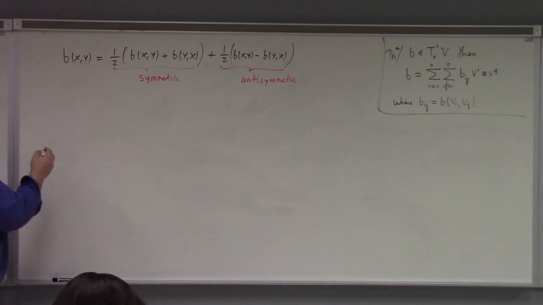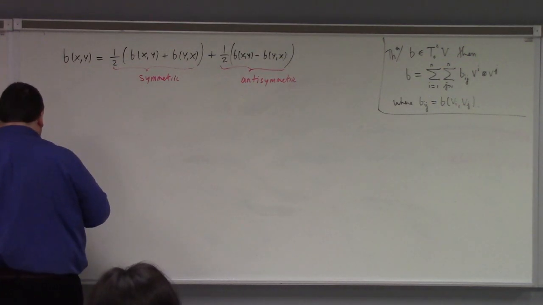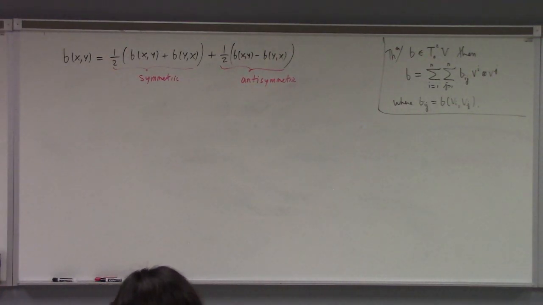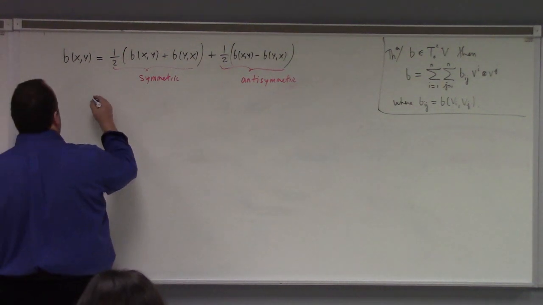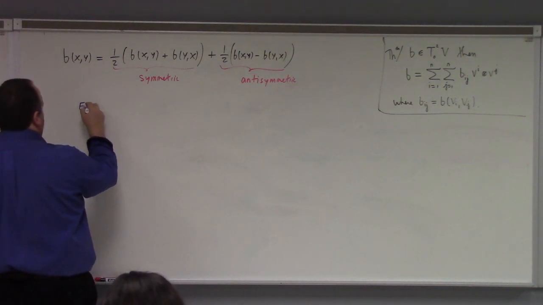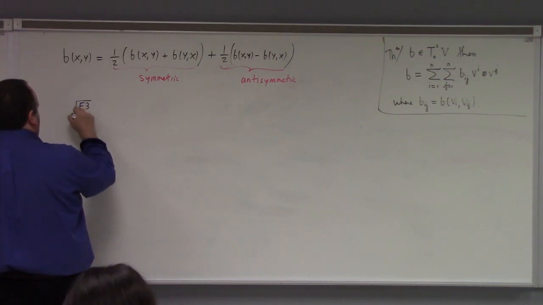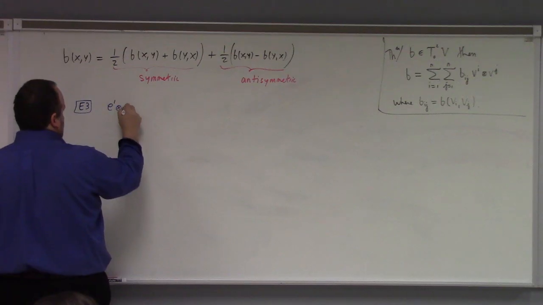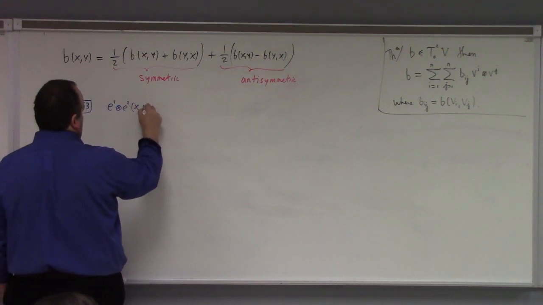So if we go back to my example 3, and we try this on it, how would that go? I had E^1 tensor E^2 on (x, y).